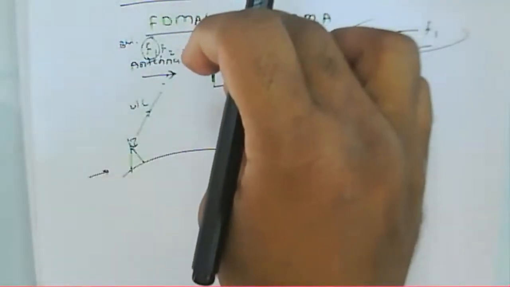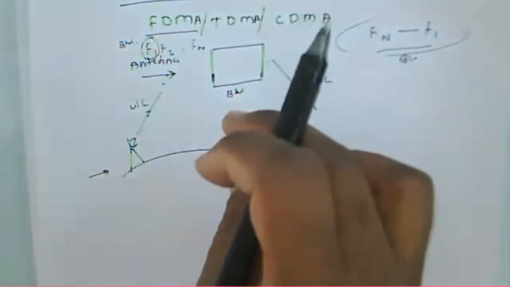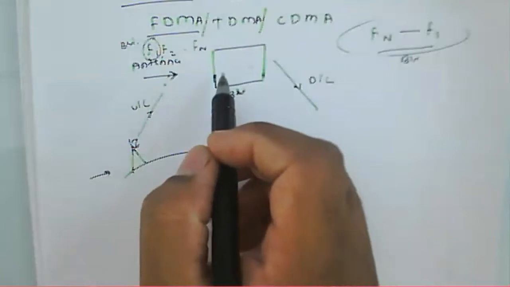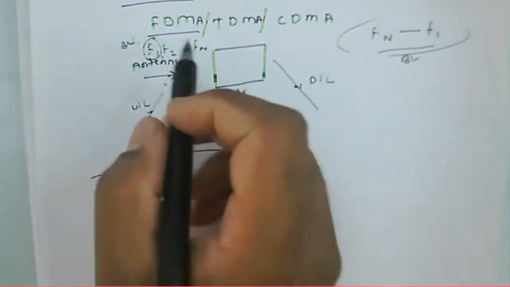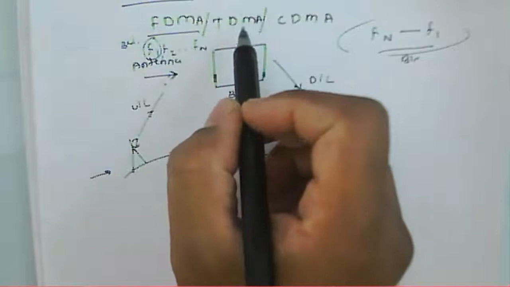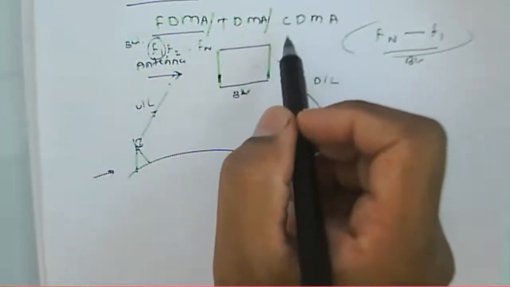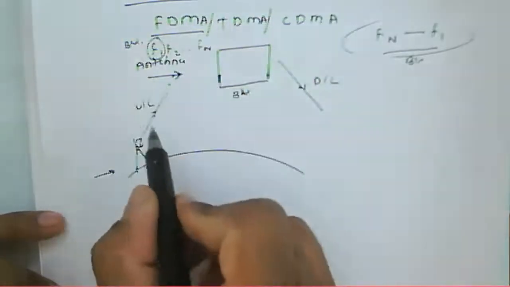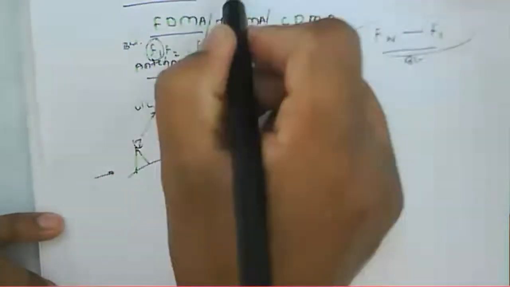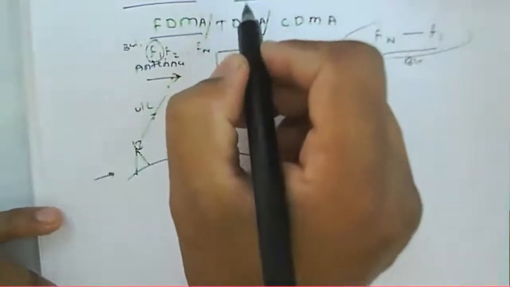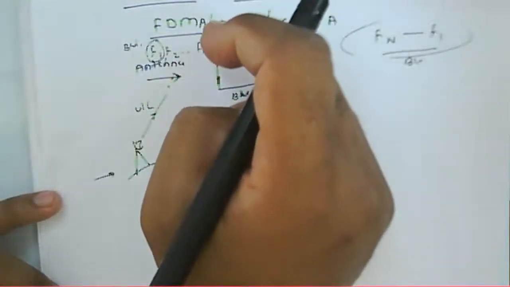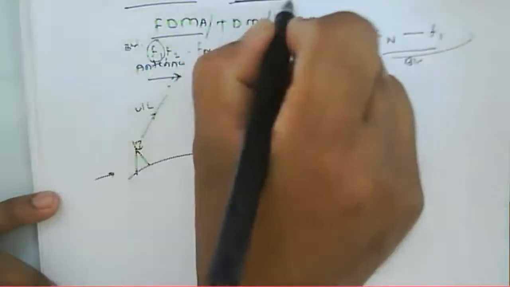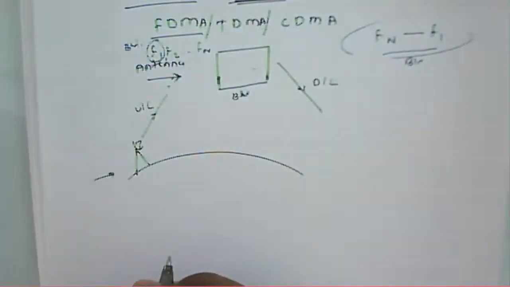We have a large number of users communicating, sharing the band, the respective time, and the respective power. So what is the role of multiplexing or multiple access? A number of users can be transmitted, and that's why it is called a multiple access system.